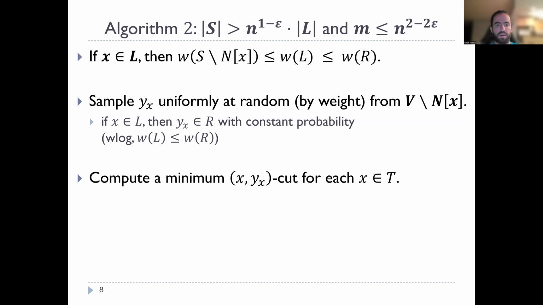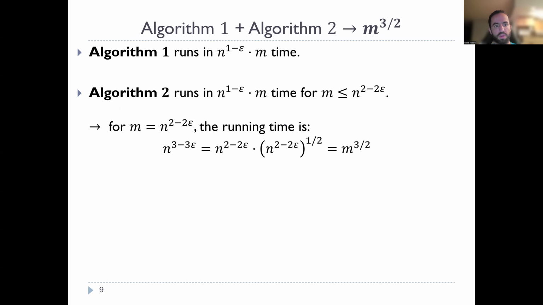And then we just compute a minimum cut between X and that node Yx for each X in T, for each one of those terminals that we chose. Now, given those two algorithms that I just described, algorithm 1 and algorithm 2, it is easy to see that we immediately have an algorithm that runs in time m to the 1.5 for the global minimum cut problem.